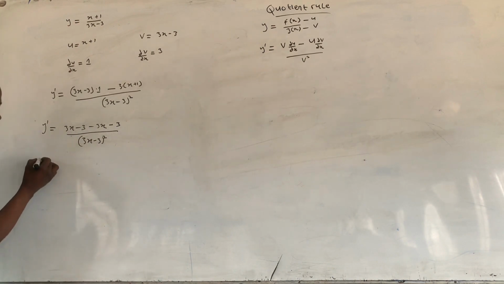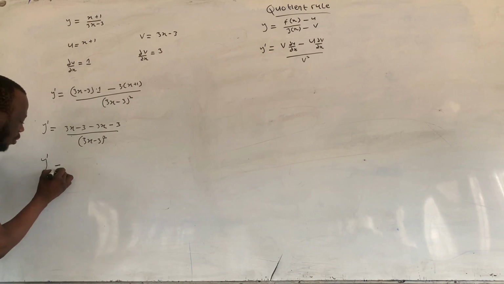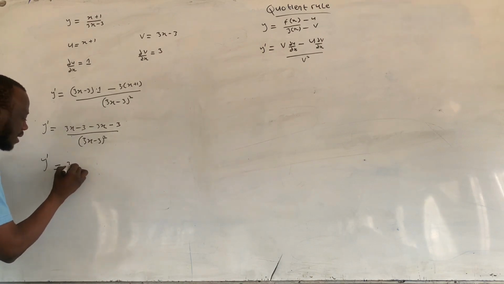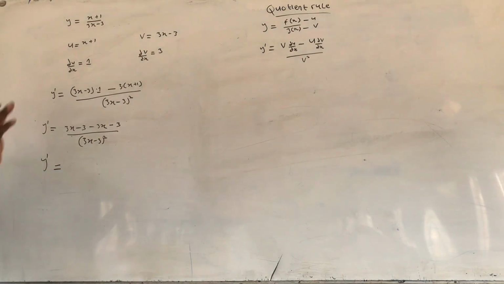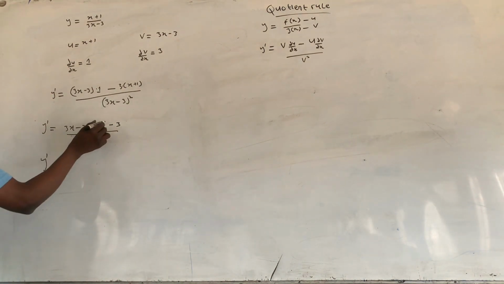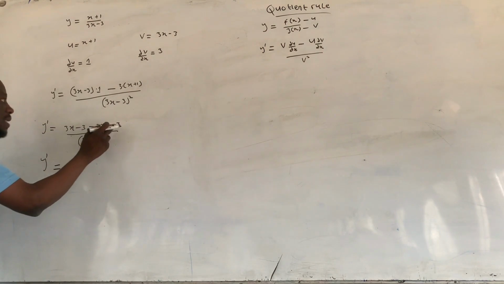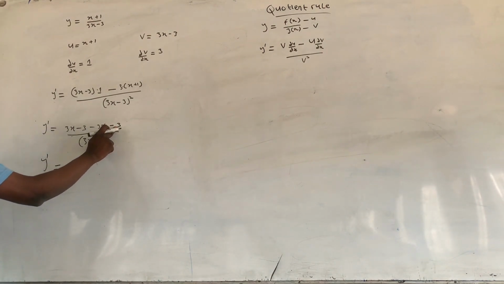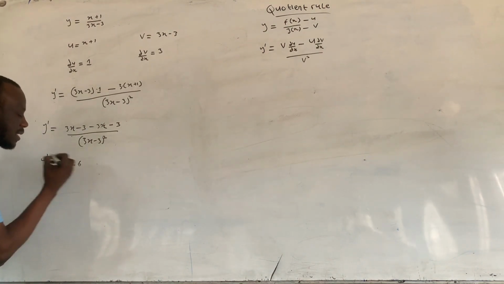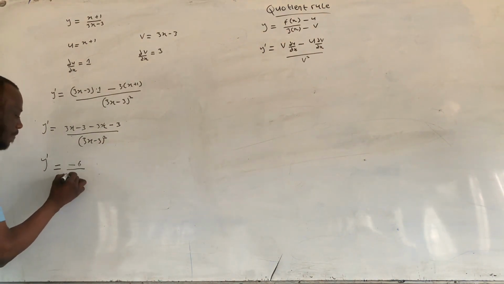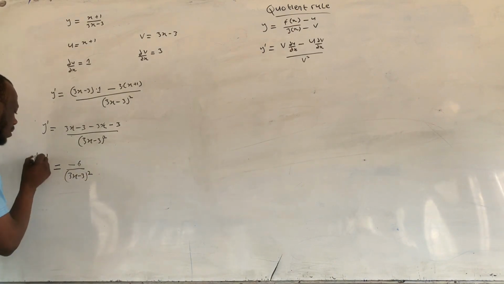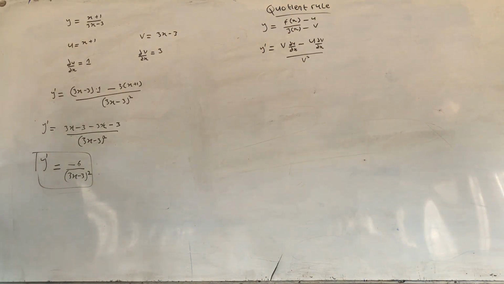From here y prime is equivalent to what? The 3x minus 3x is 0. Minus 3 minus 3, we have minus 6, all over 3x minus 3 squared. This is our final answer.